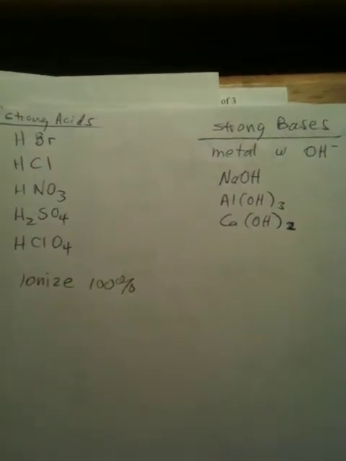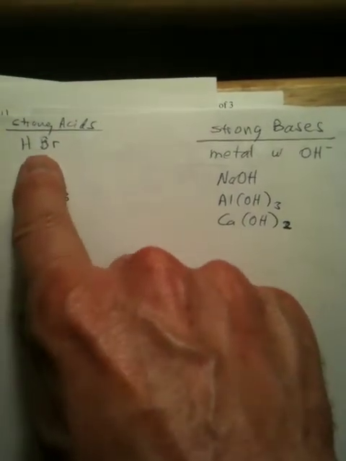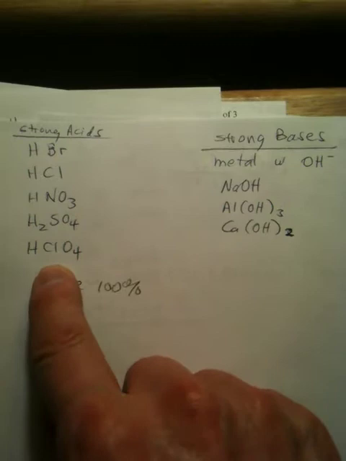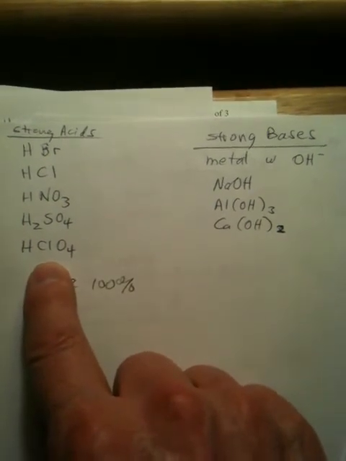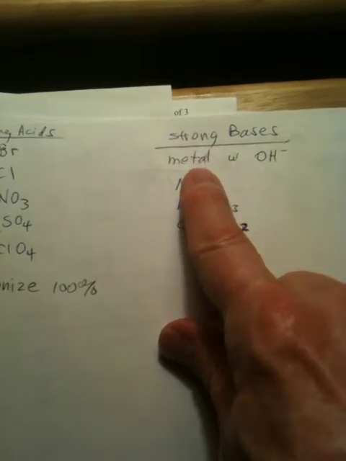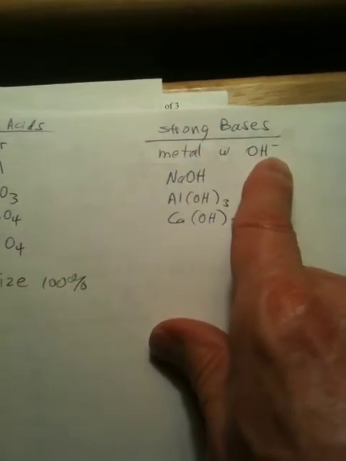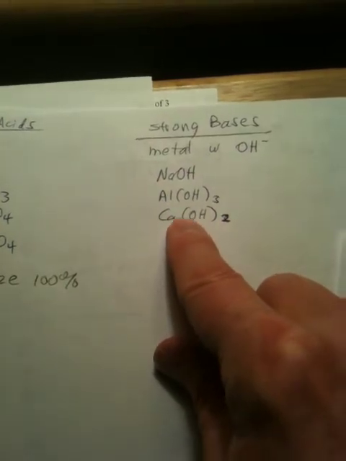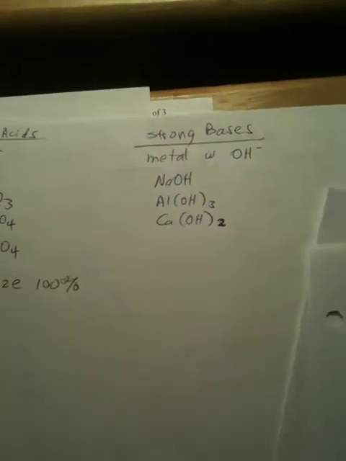You can see here hydrobromic acid, hydrochloric acid, nitric acid, sulfuric acid, and perchloric acid. Over here, the strong bases are all going to be metals with hydroxide ions, and these are just 3 examples. All of these will be strong.